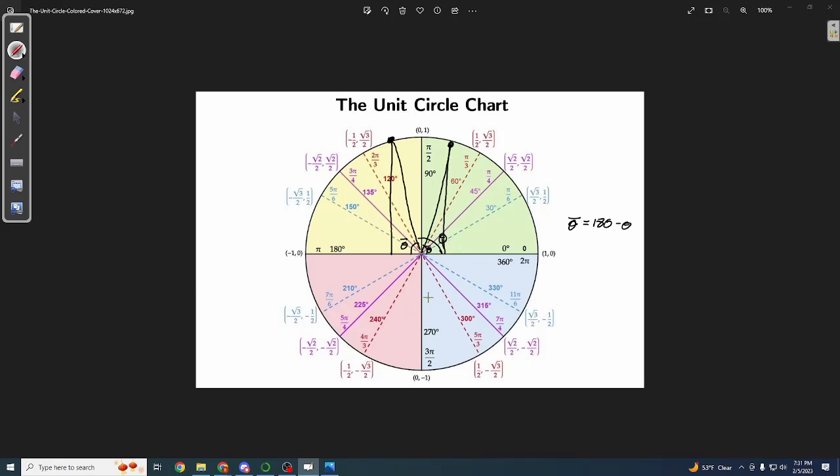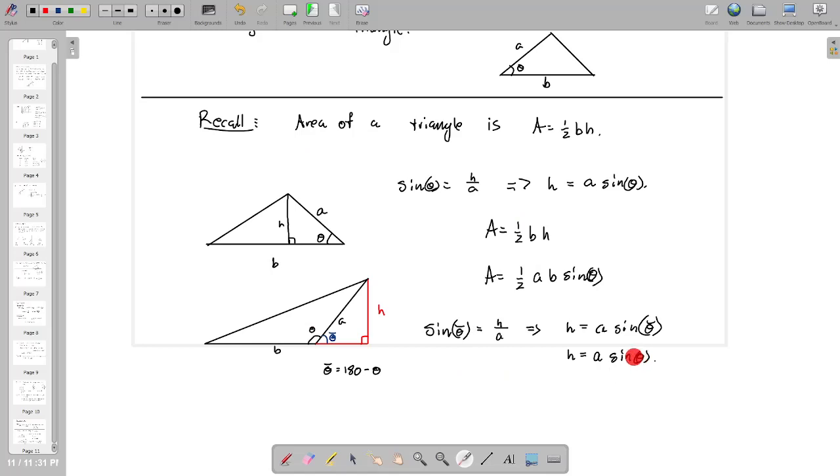This is theta bar. Notice that they're at the same height, the y value. The y value of these two is identical. That means that sine of theta bar is the same as sine of theta when theta bar is equal to 180 minus theta. That's where I got this.